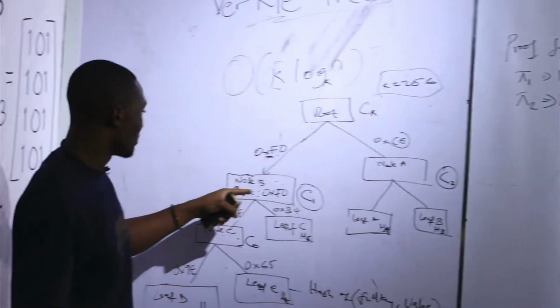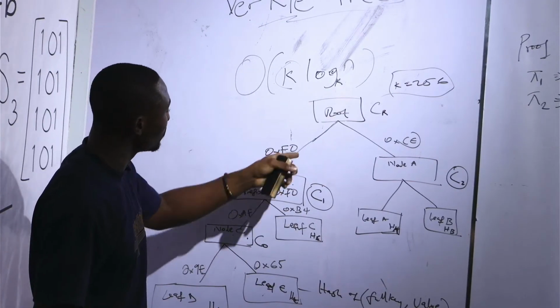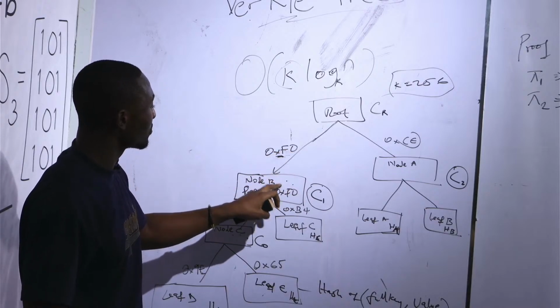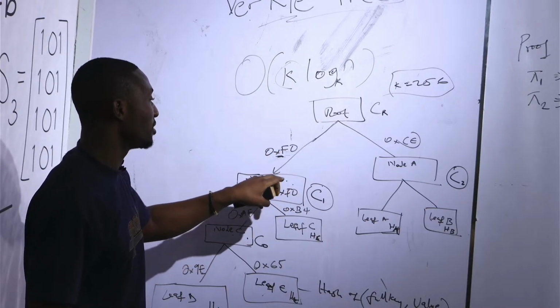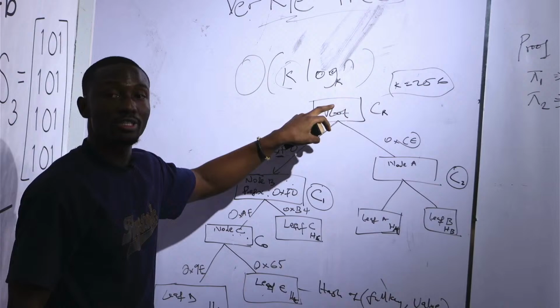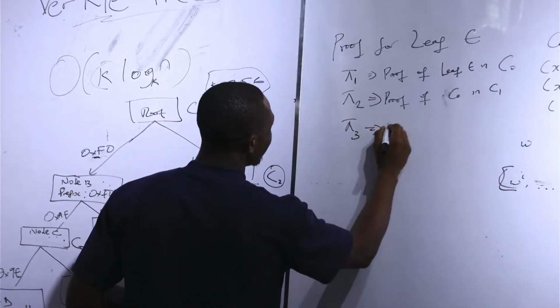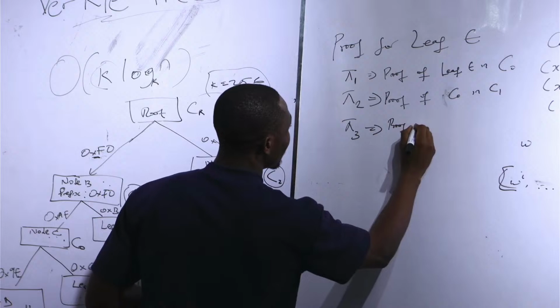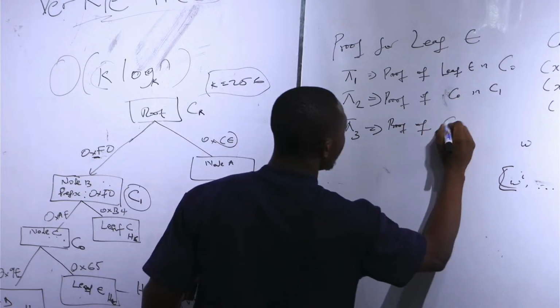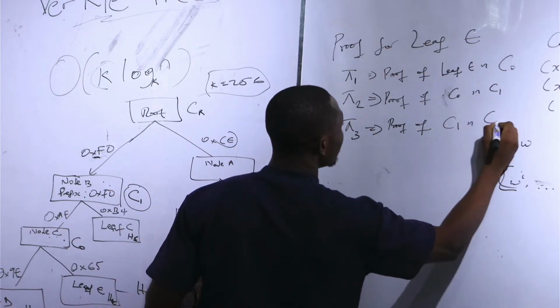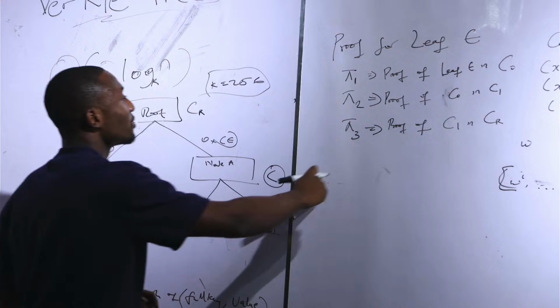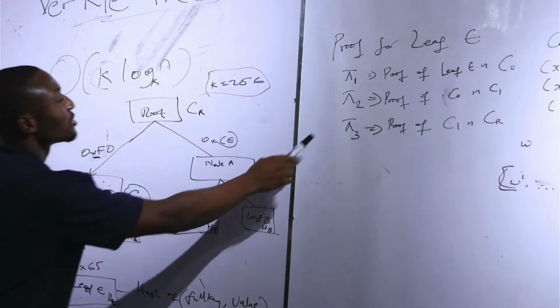Then now we need to prove that this node B is inside the commitment to the root node. So now we have 3 proofs.